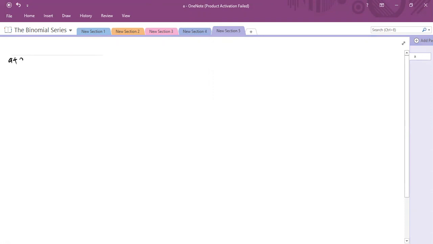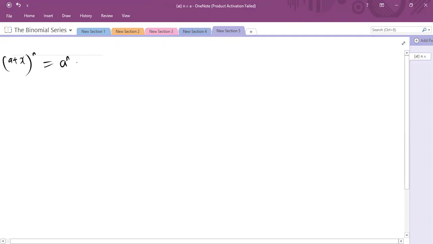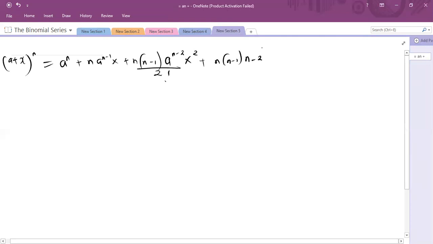We have a plus x raised to the power n. This is a to the n plus n, a to the n minus 1, x plus n, n minus 1, a to the n minus 2, x squared, all this divided by 2 factorial, plus n, n minus 1, n minus 2, a raised to power n minus 3, x cubed, all this divided by 3 factorial, and it goes on and on.